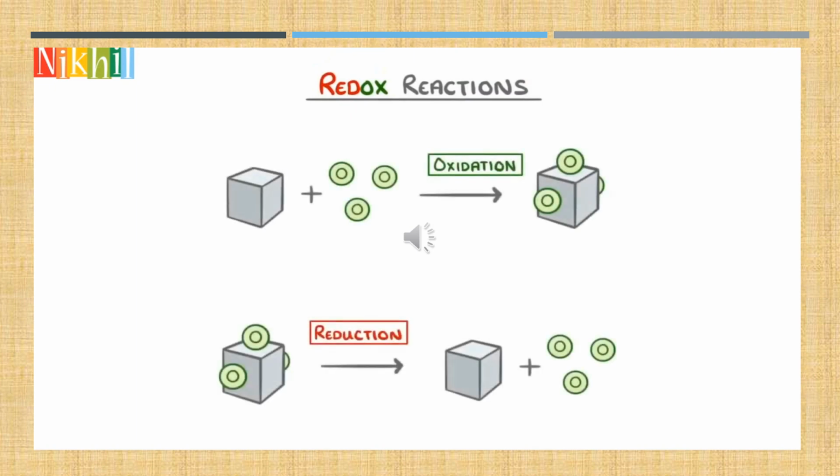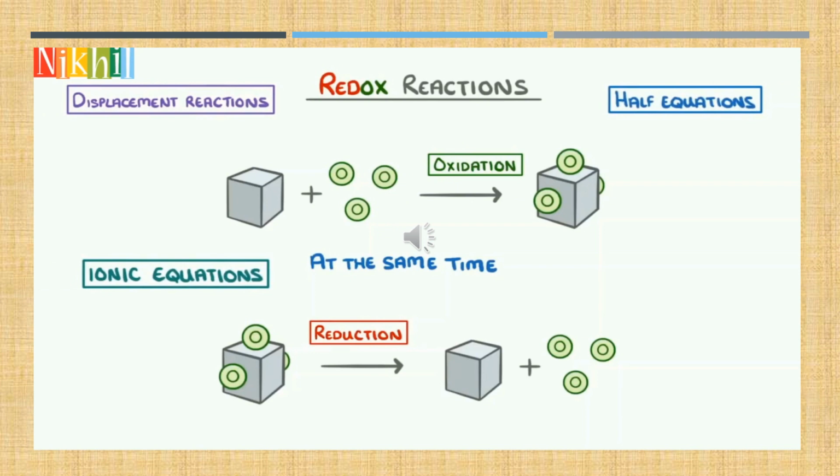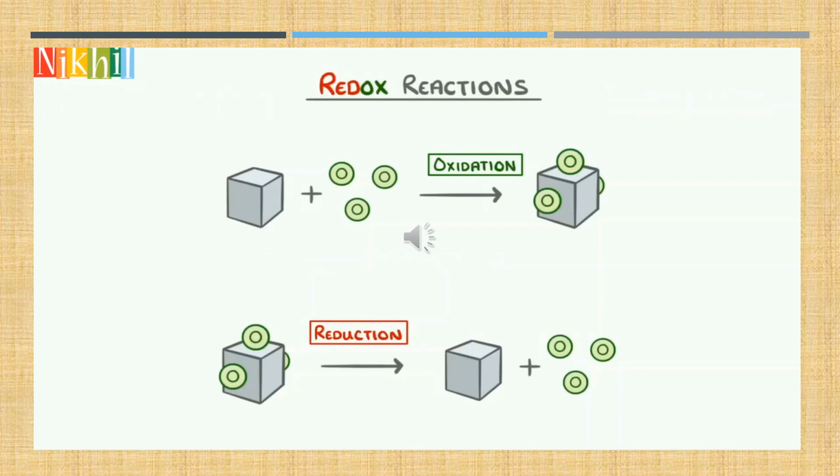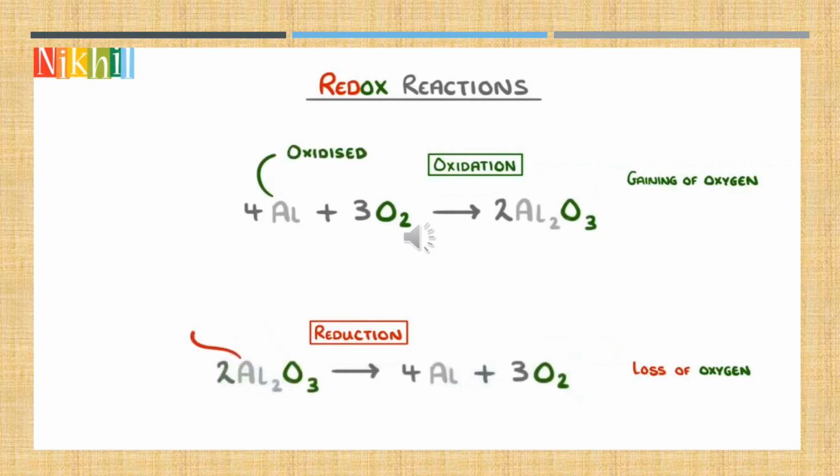This is a short video on redox reaction. We already know gaining of oxygen is oxidation and loss of oxygen is reduction. In this video, 4 atoms of aluminium are combining with 3 molecules of oxygen to give 2Al2O3, that is oxidation.